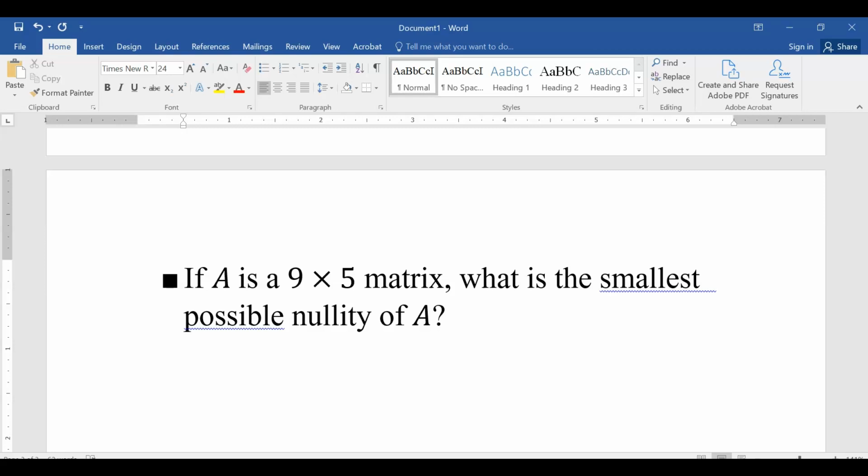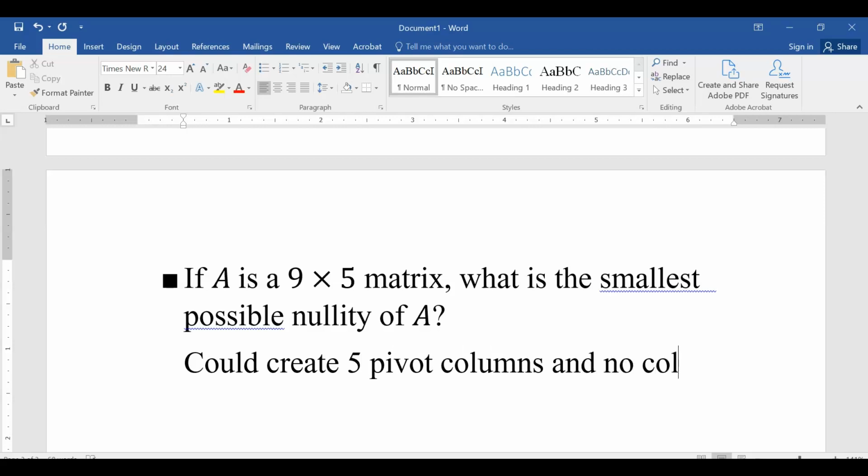So we can create 5 pivot columns and no columns with free variables.